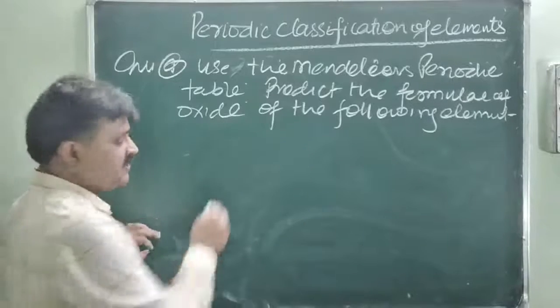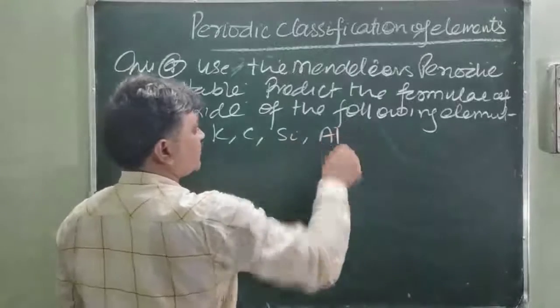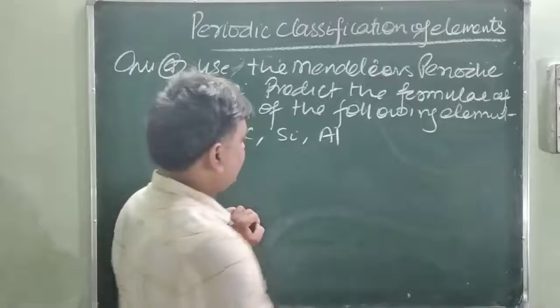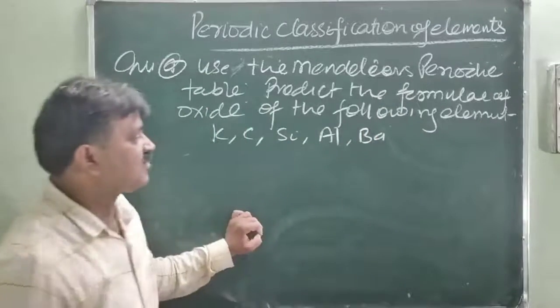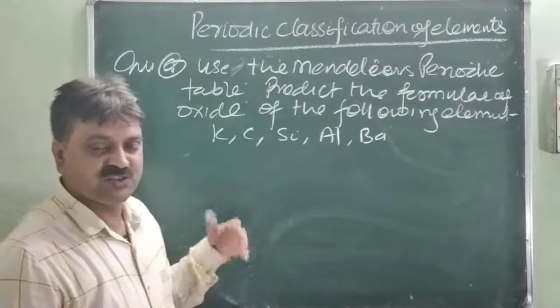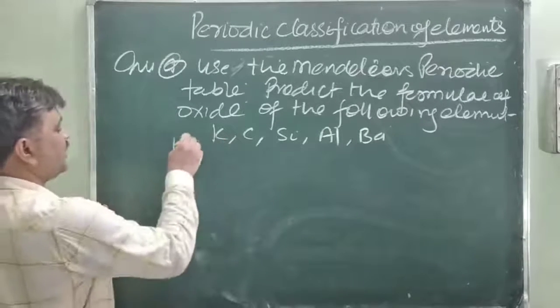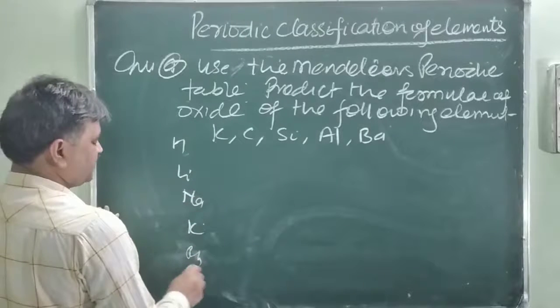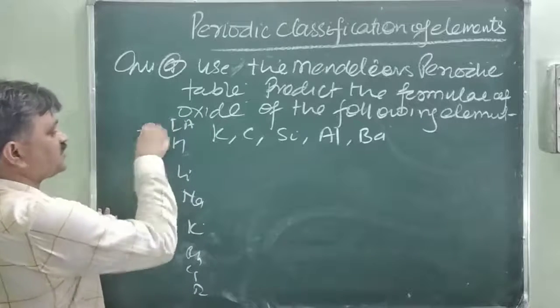The elements given are potassium, carbon, silicon, aluminium and barium. So what is the formula of their oxide, by using the Mendeleev periodic table? First we take potassium. This is hydrogen, lithium, sodium, potassium, rubidium, cesium, francium. This is the first group of elements, and their valence is +1.